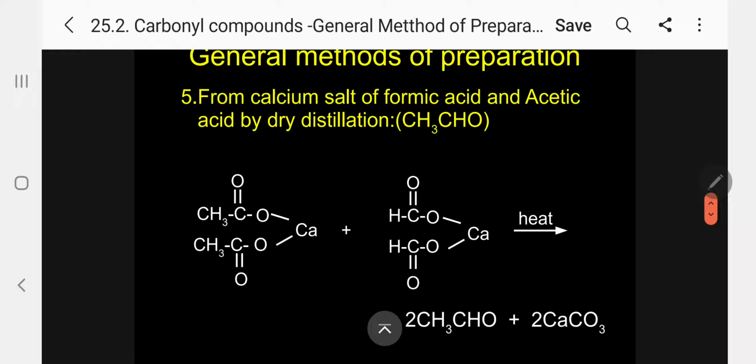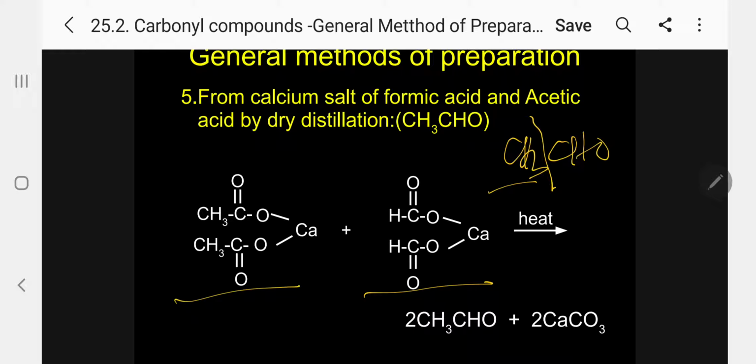The next aldehyde, acetaldehyde. Kindly follow. In acetaldehyde, I need the formula CH3CHO. The CHO group comes from formic acid and CH3 from acetic acid. So I have to use the mixture of calcium formate and calcium acetate.